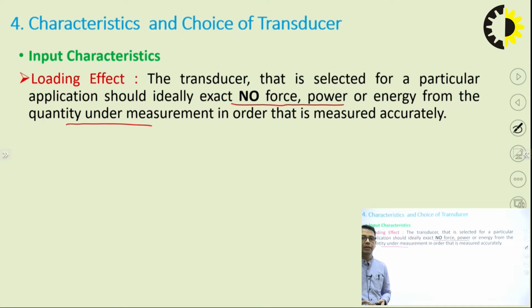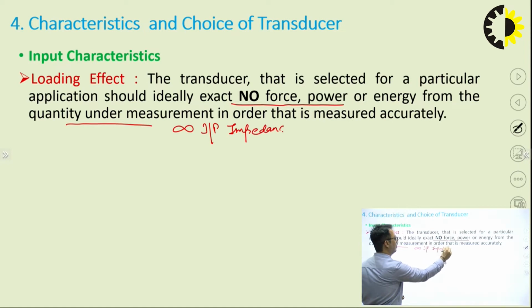It should not be that the transducer circuit is extracting that energy just to drive itself, causing loss of the input quantity. So ideally we should have infinite input impedance, so that all the energy can be used for measurement only, and the circuit becomes incapable of using that energy for itself.